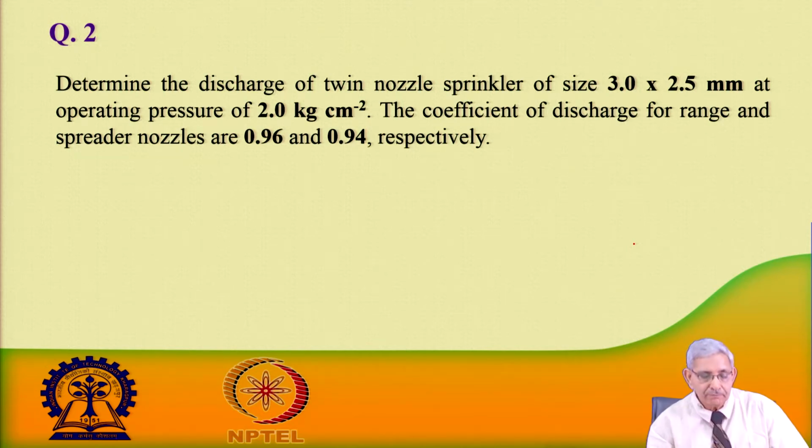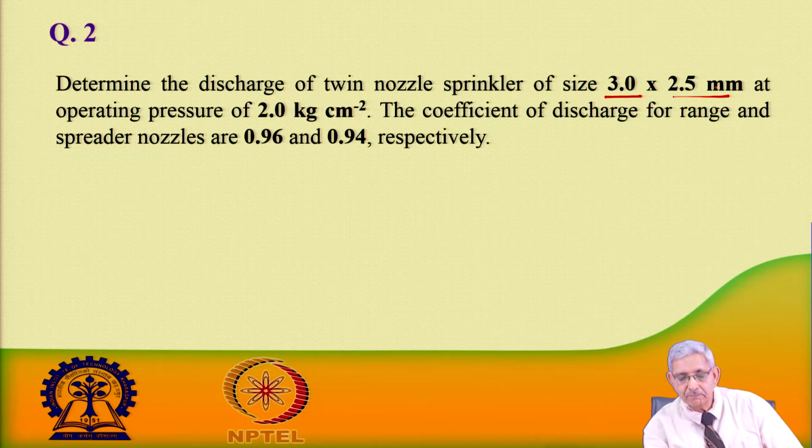Now we want to work out the second problem. Here we are given the diameter of nozzles of a sprinkler: 3 millimeter and 2.5 millimeter.